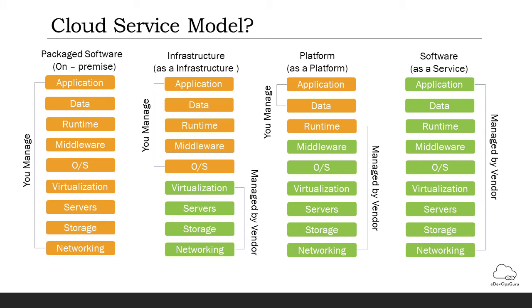If we talk about SaaS, which is basically the Software as a Service model, as the name suggests, here third-party providers provide end-user applications to their customers with some administrative capability at the application level, such as the ability to create and manage their users.